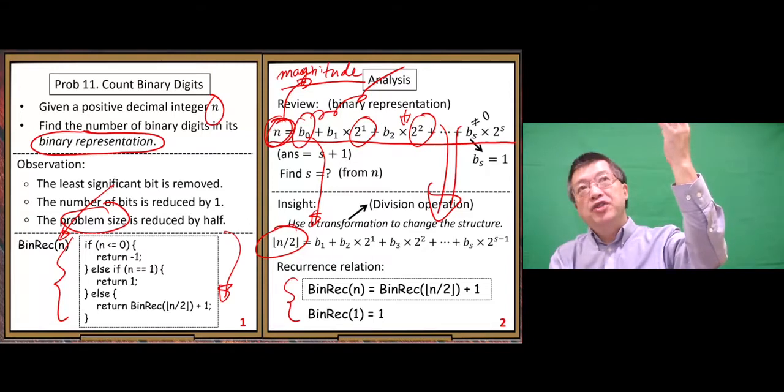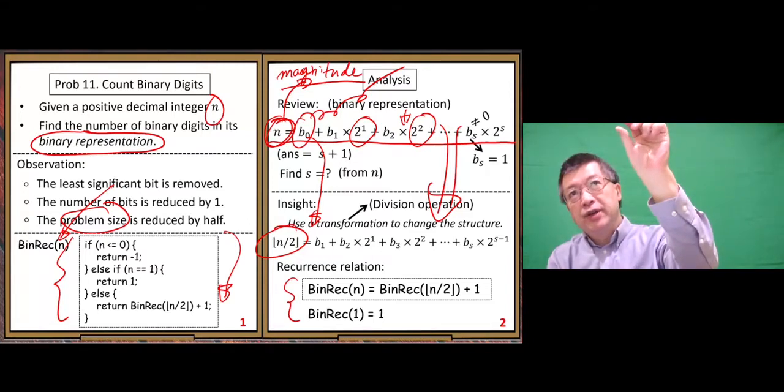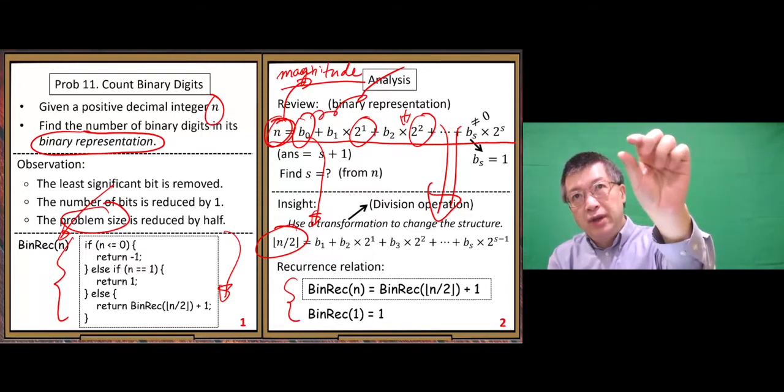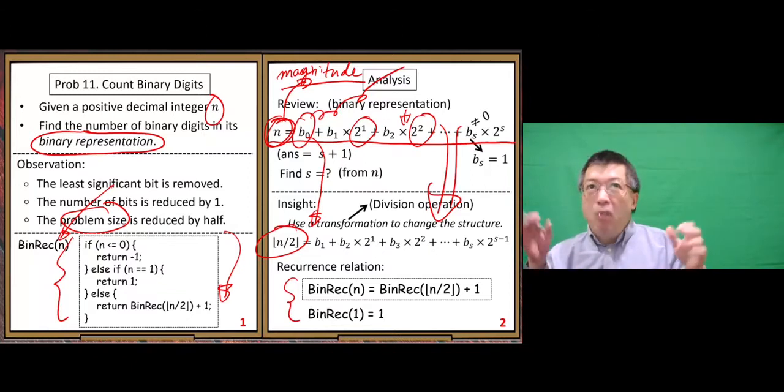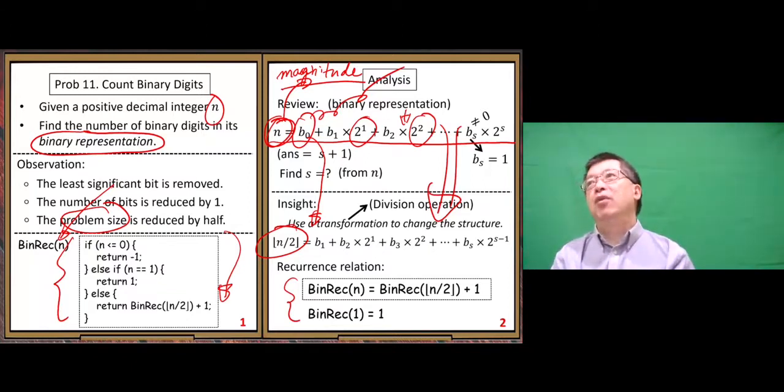If you use your program to solve this problem, given an n value, you can get an answer for a specific given n number, but you do not get a formula for the answer. Here we want to do more than that. We want to find the answer mathematically, a formula. In that way, it will be even better than using a program to find the answer.